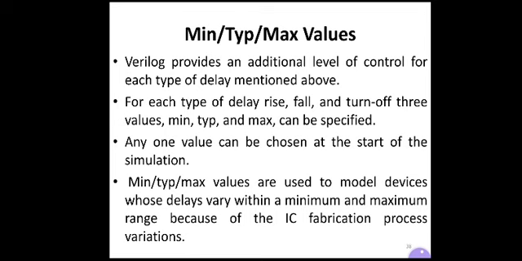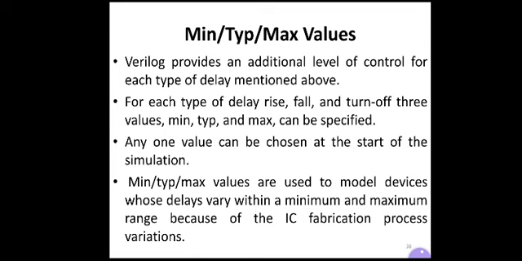Next, minimum value, typical value and maximum value, that is min, typ and max value. So Verilog provides additional level of control for each type of delay mentioned above. That is, we have three different types of delays: rise delay, fall delay and turn off delay. Each of them will have three different values again: minimum rise delay, typical rise delay, maximum rise delay.